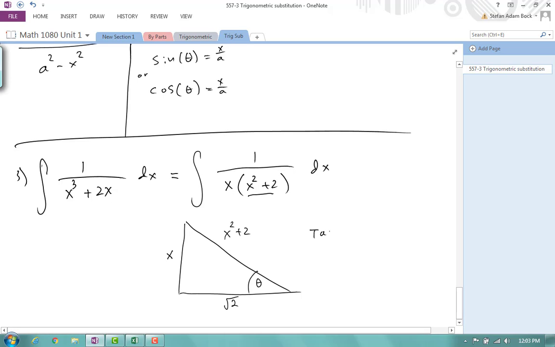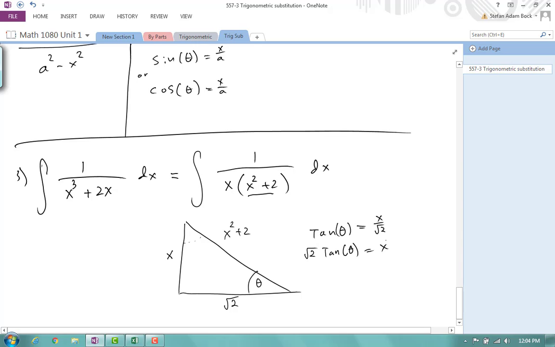The tangent of theta in this triangle is going to be equal to x divided by the square root of 2, which looks like it's already a very good choice. If I had chosen to use my angle at the top of the triangle, then I would be using the cotangent right now.